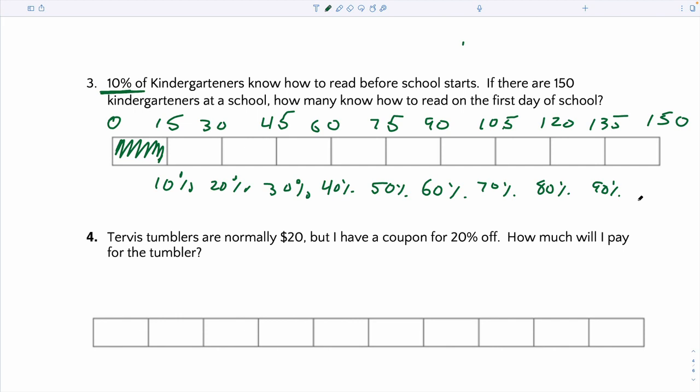Okay. I forgot. Did I get this one right?